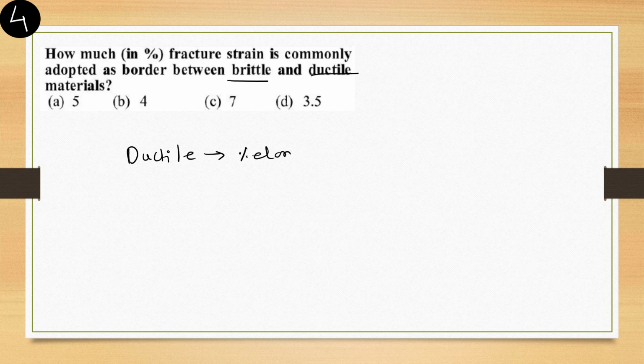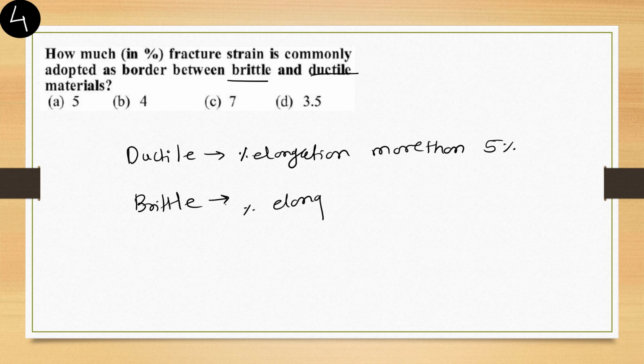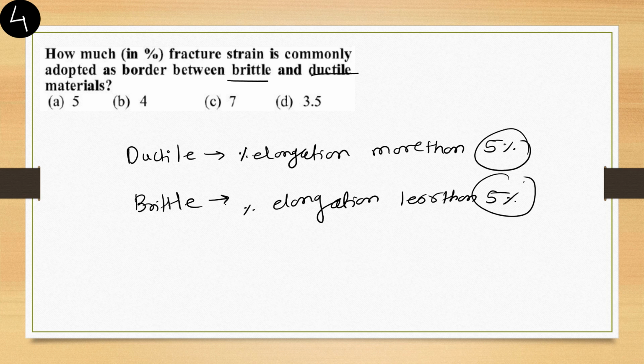And in case of brittle, the percentage of elongation is less than 5%. So it is in between 5. Here, for the border, the percentage is 5. So option number first is correct. 5% of fracture strain is commonly adopted as the border between brittle and ductile.